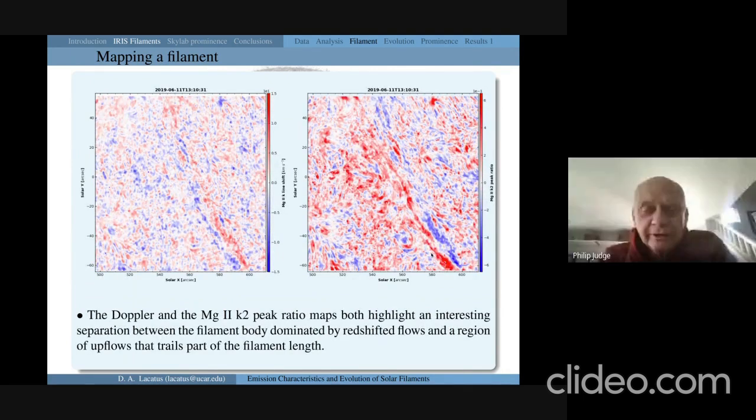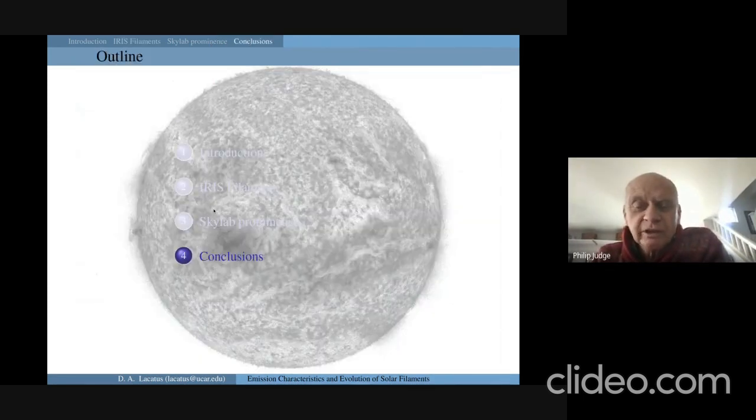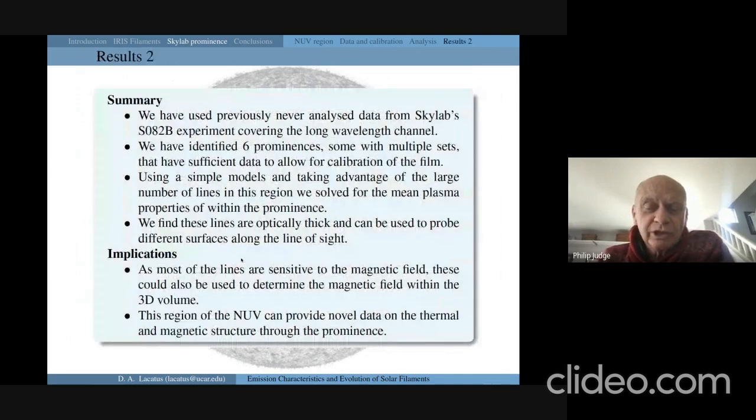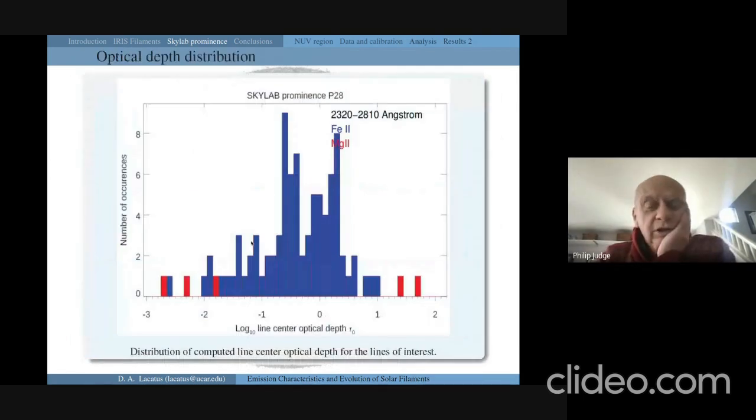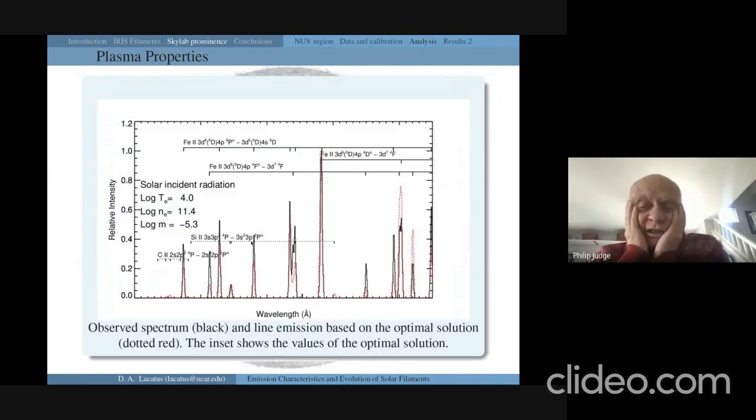Yeah, thanks, Dana. One of the things that is dynamically significant, of course, is the mass. And to get that, with this line ratio analysis for common upper levels, you simply take the column mass and multiply by the projected area. So it gives you an independent measure of material mass within the prominence that is predominantly radiating in these single ions. That is different from what you'd get from anything like an electron density.